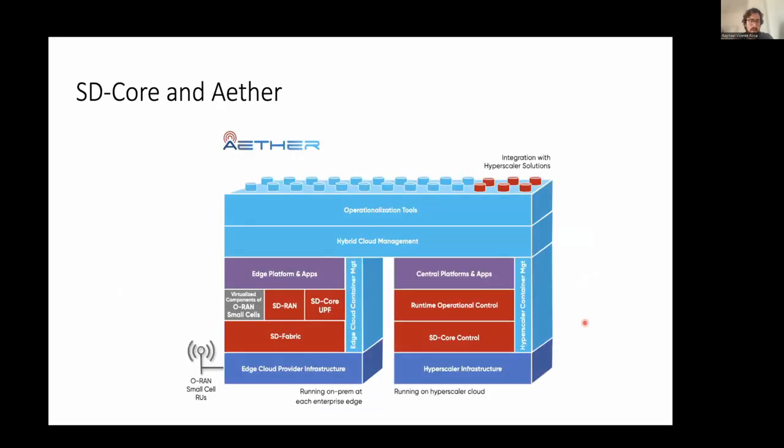So how does that happen, and what are the intersections actually of that? This is just a building block diagram that details a little bit about that. On top of the components provided by Aether itself, we have this hybrid cloud management and operationalization tools for the deployment of these components in the edge cloud provided infrastructure or in a hyperscaler infrastructure.